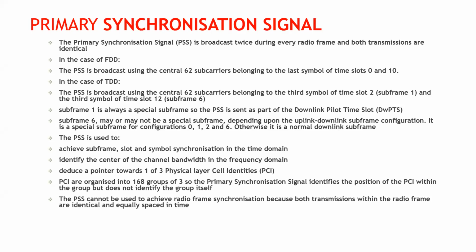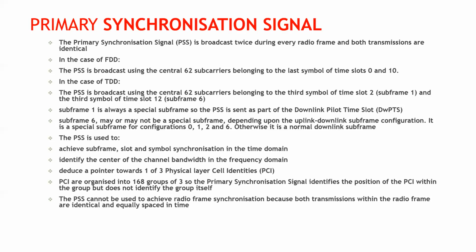With the normal CP, there will be 84 resource elements, right? With one PRB, there will be 12 subcarriers.